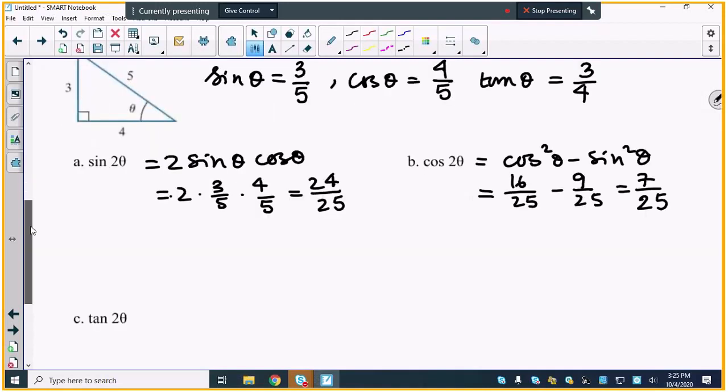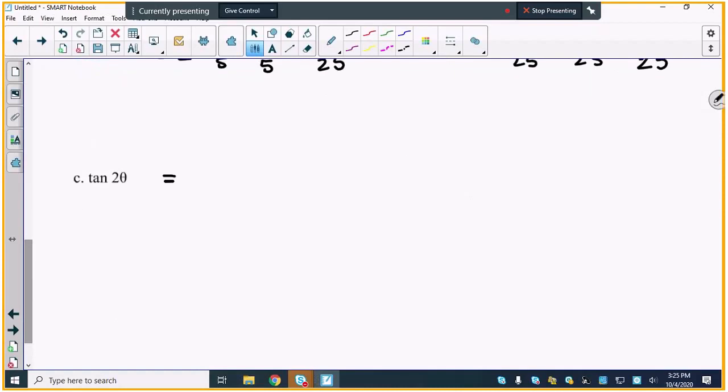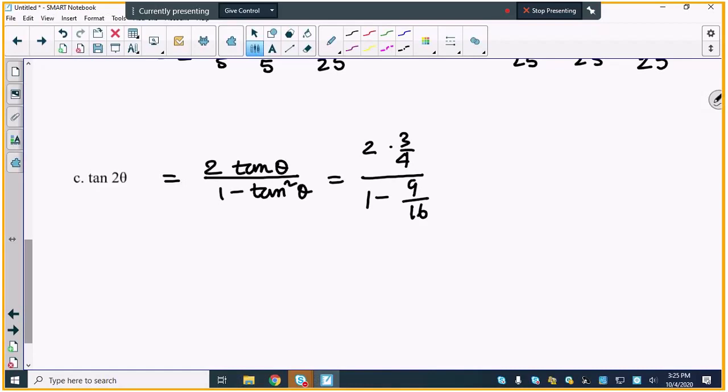Tangent 2 theta is the third one, and it is simply 2 tangent theta over 1 minus tangent squared theta. And I know 2 tangent theta will be 2 times 3 over 4, over 1 minus (3 over 4) squared, which is 9 over 16. So I get 6 over 4 on the top, 2 times 3 is 6, all over 16 minus 9 is 7, so 7 over 16.